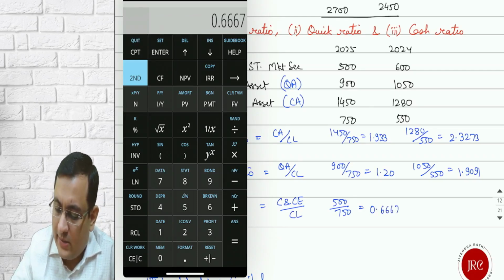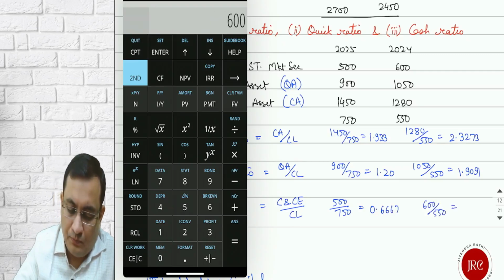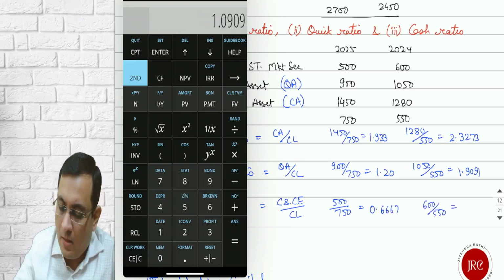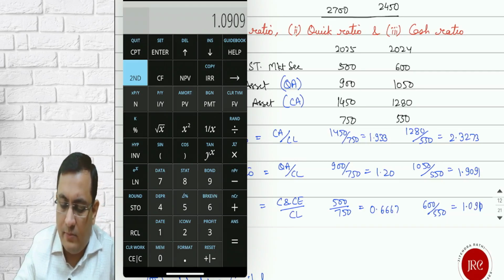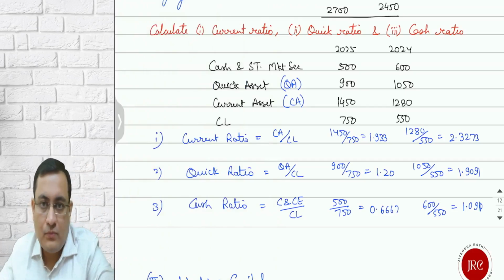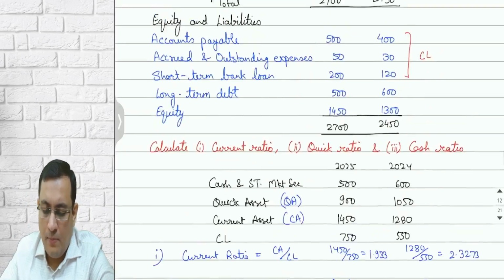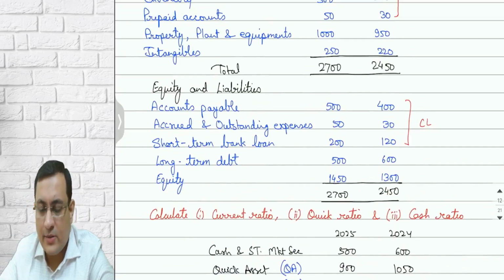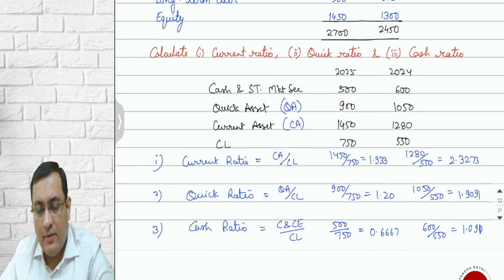And here in this case, 600 over 550 is equal to 1.09091. So comparing these three ratios year on year, the liquidity is reducing for this company, and I hope everyone understood the formulas and why.